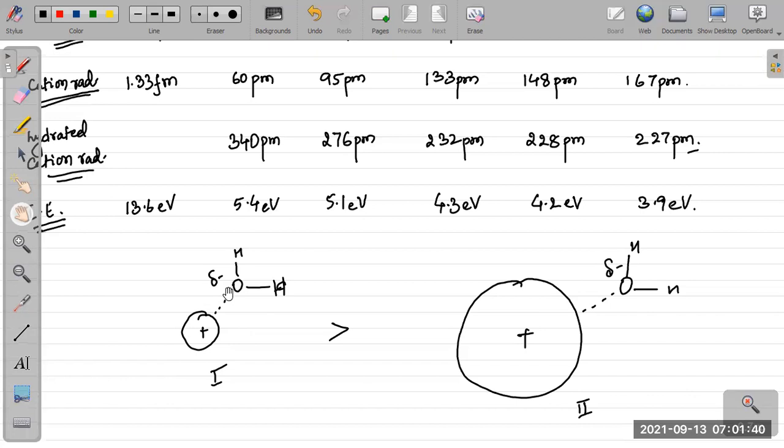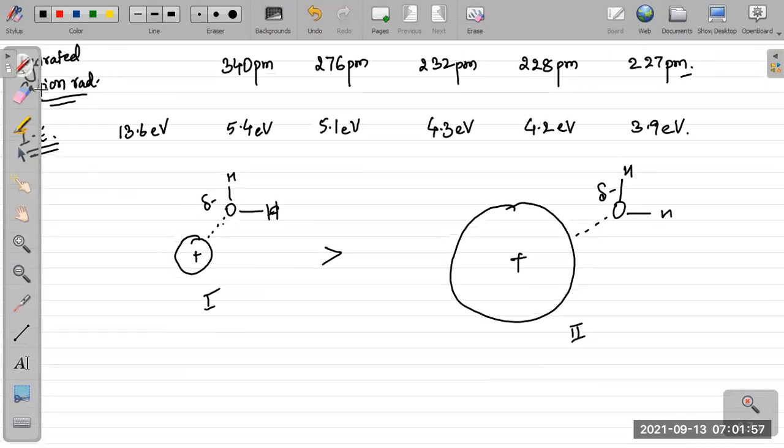The extent of bonding with lithium is going to be much greater because of greater charge by radius, charge upon radius ratio.